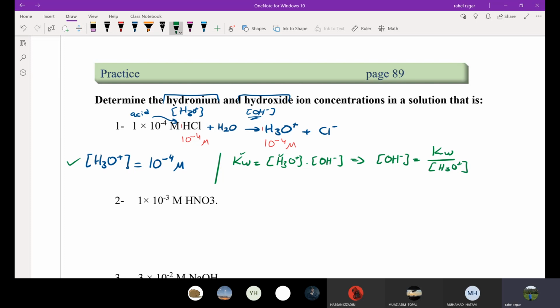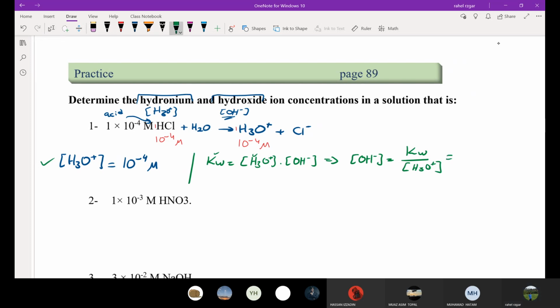Now this equals 10 to the power of -14 divided by 10 to the power of -4, and the result is 10 to the power of -10 molar.